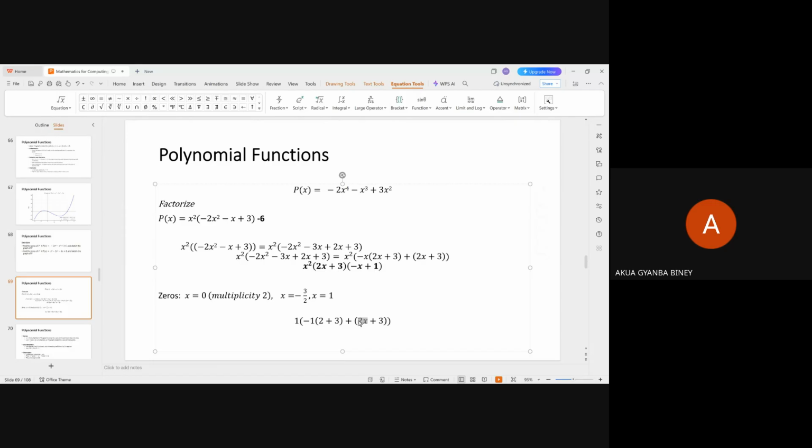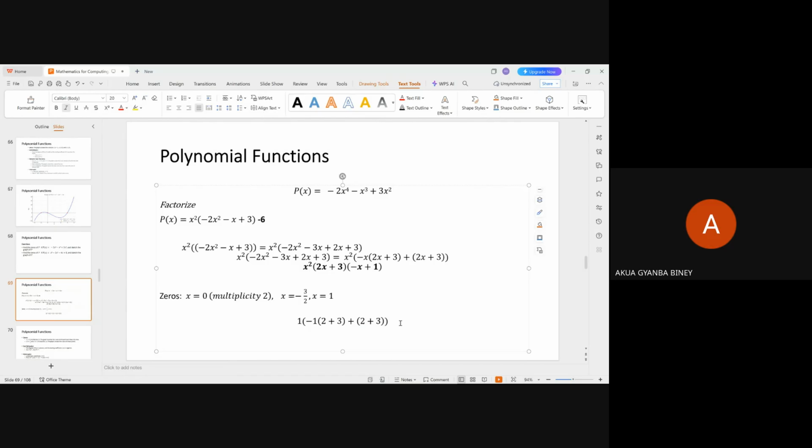This will also turn out to be 2. So I would have minus 5 here. No, wait, I'll not have it. I have 5 plus 5. So I have 1 into minus 5 plus 5. And that will give me 0.